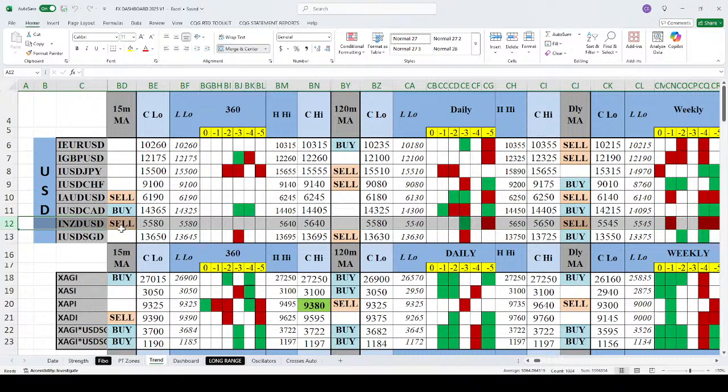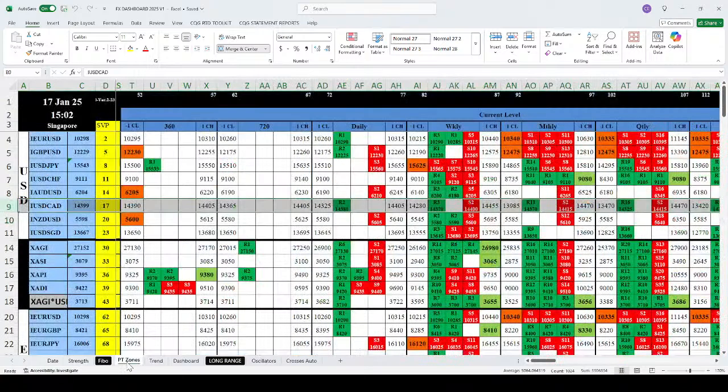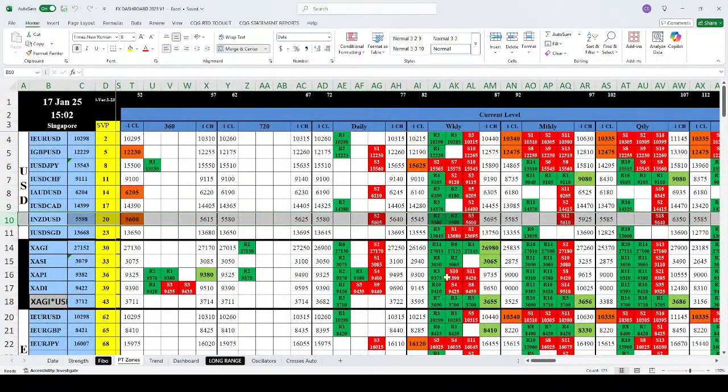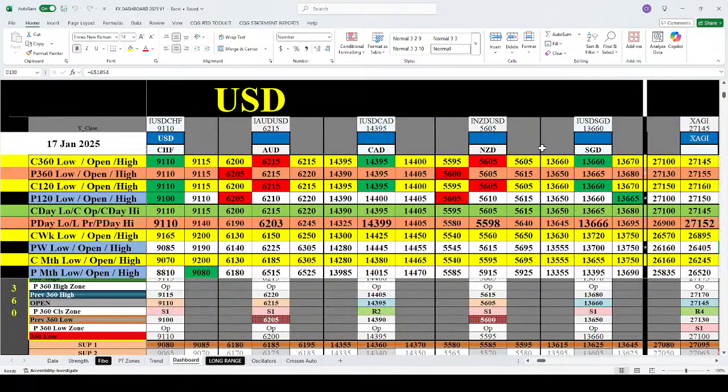The moving averages say that your 15-minute is pointing down and the hourly is flat, so mixed signals, which means this market has got no strength, neither weakness. So we should be playing a cautious game on this. In the PT zones, flat, flat, flat. Daily is down. Weekly we have 2 buying force, 1 selling force. So that's again mixed signals.